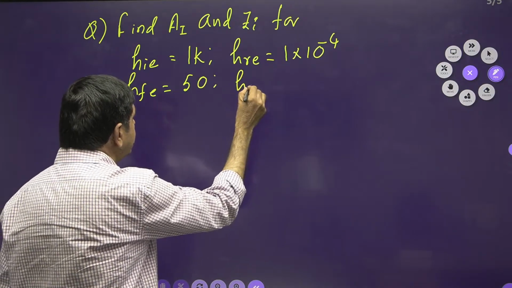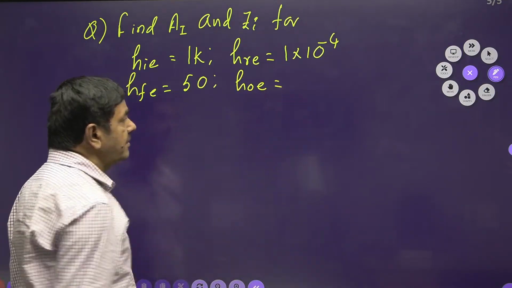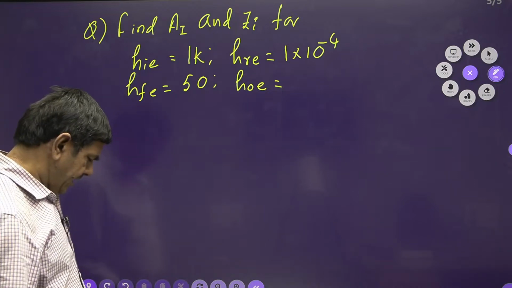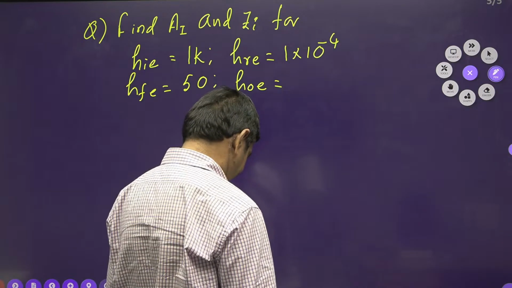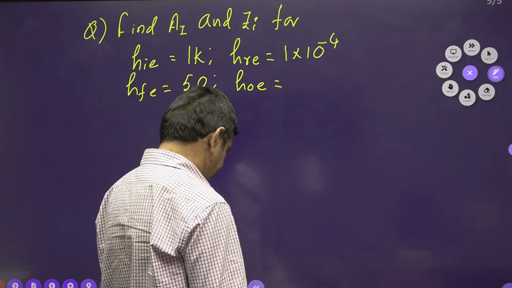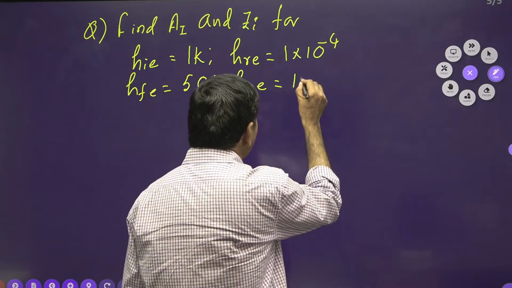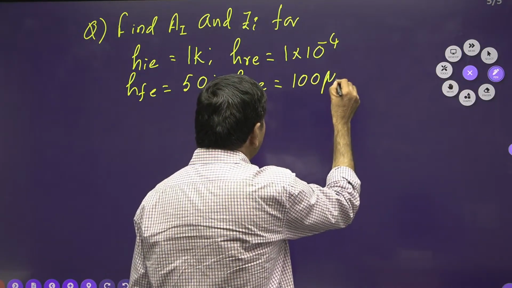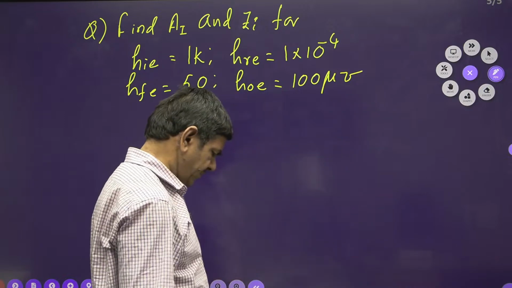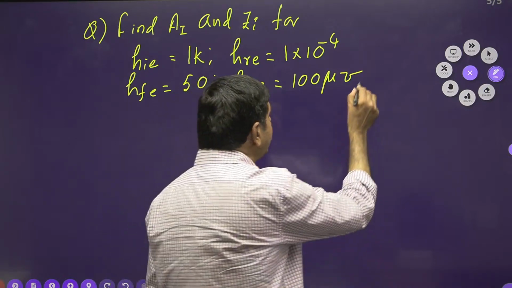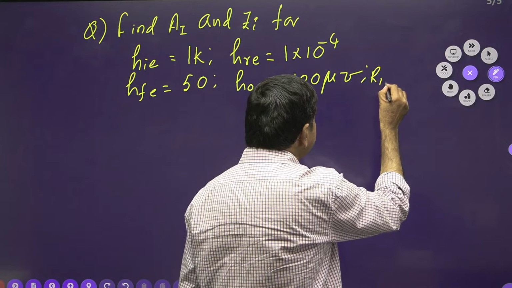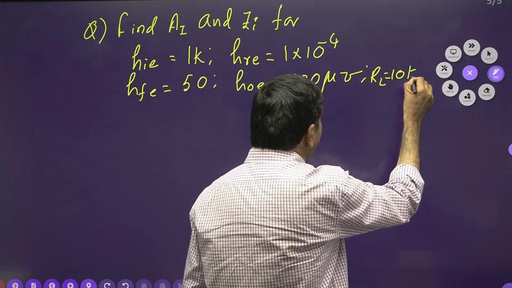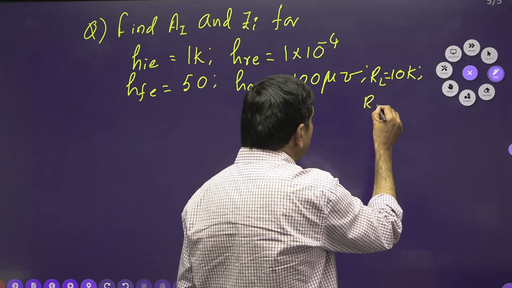And HOE, the output admittance, is given as 100 micro mho. And RL is given as 10K, the load resistance. And RS is given as 1K.